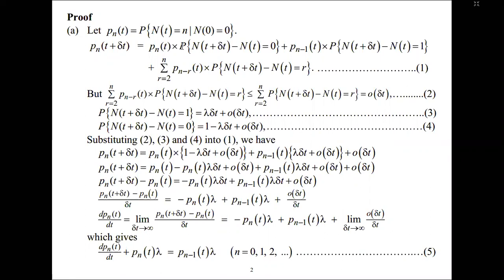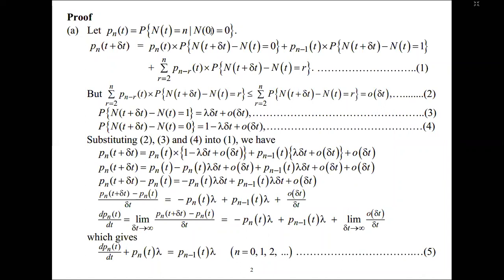Okay. So first we say let P of n be the probability that the number of events occurring between the time 0 to t is equal to n, given that initially there was no event.